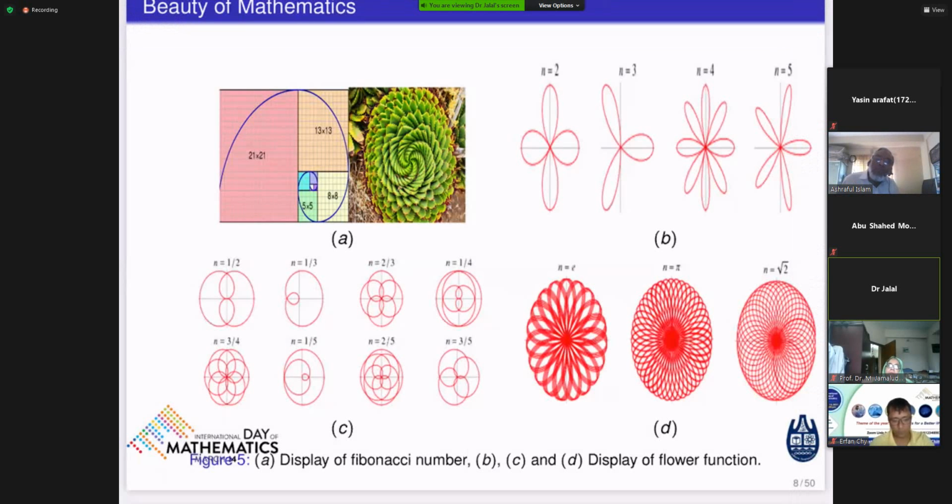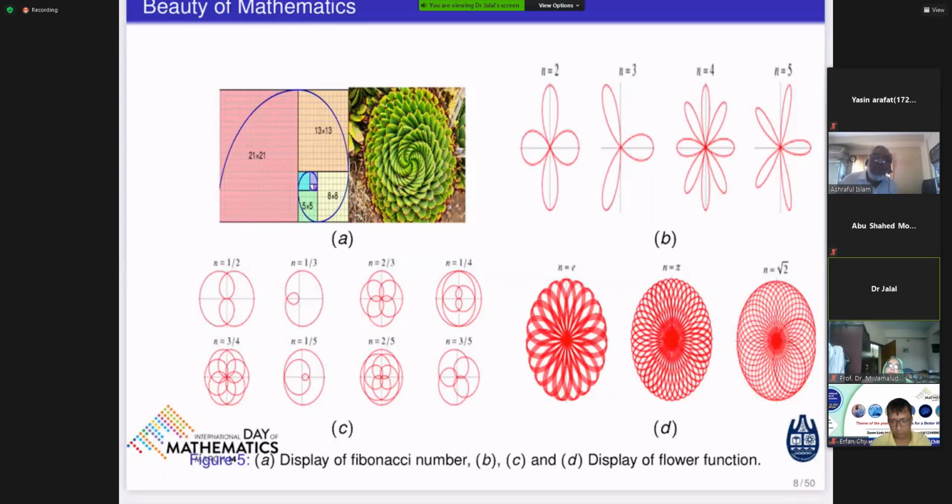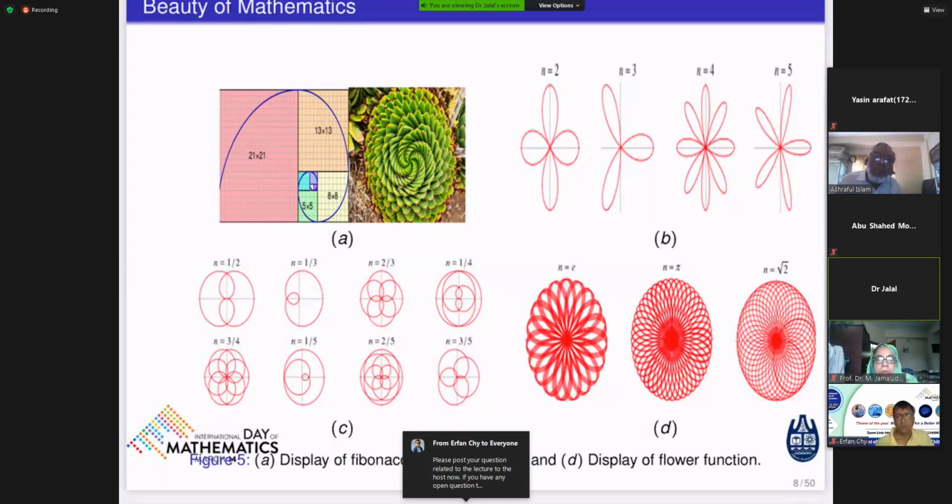It is a parametric function, r equals a sin theta and r equals a cos theta. If n is an odd number, then we get roses like this, and if n is a rational number, then we can get this kind of flower shape.